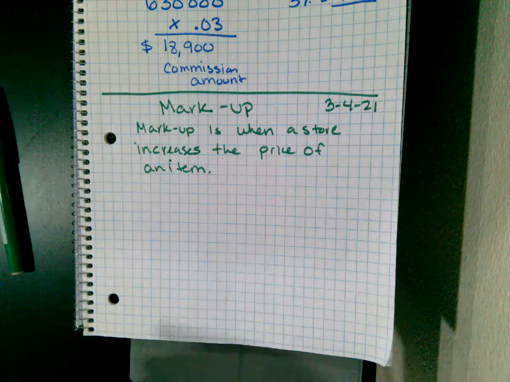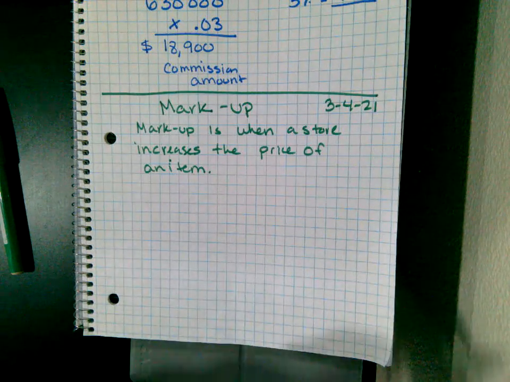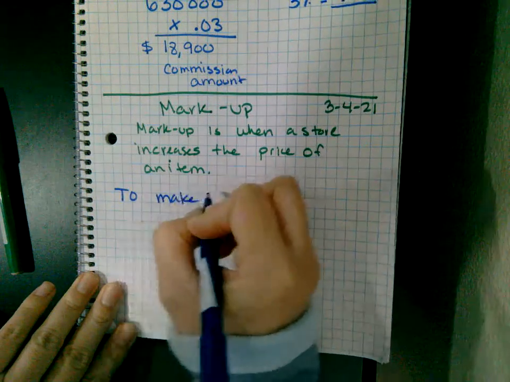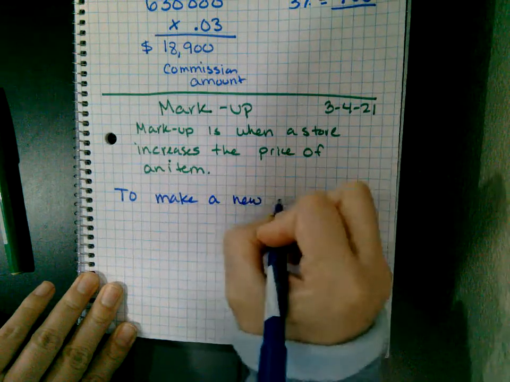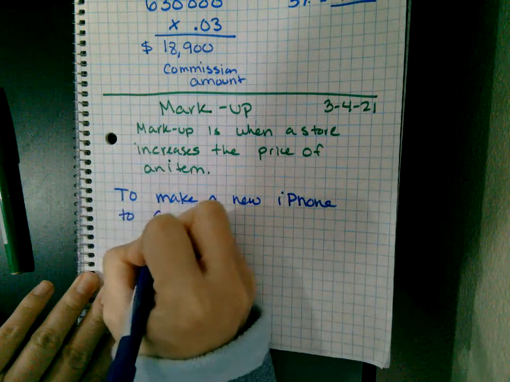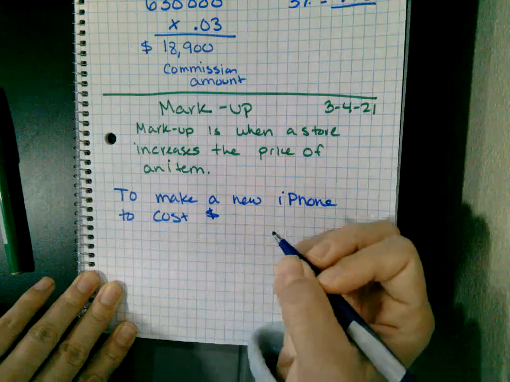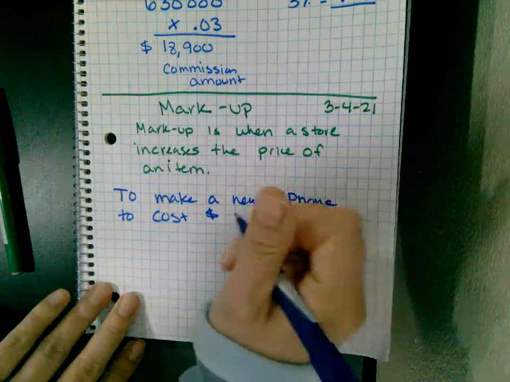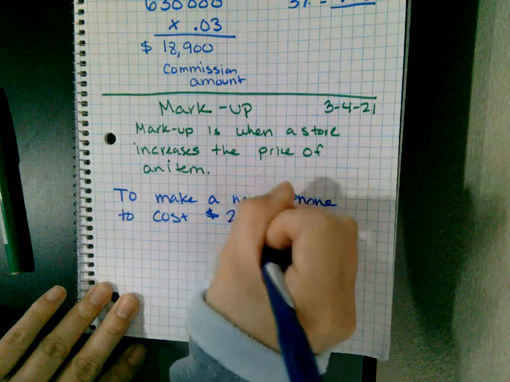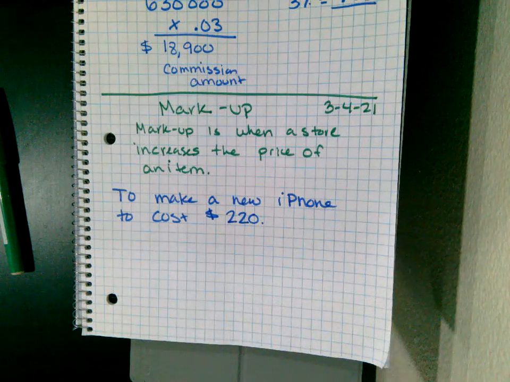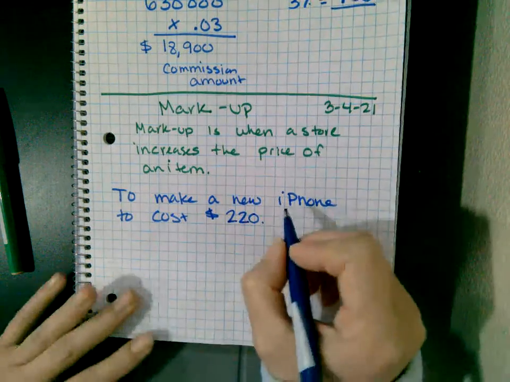So let's do that example. Okay. Let's say to make a new iPhone, it costs, let's say, I'm just guessing, honestly, I'm just guessing, let's say $220, okay? For all the parts, to pay someone to do it, let's say $220.